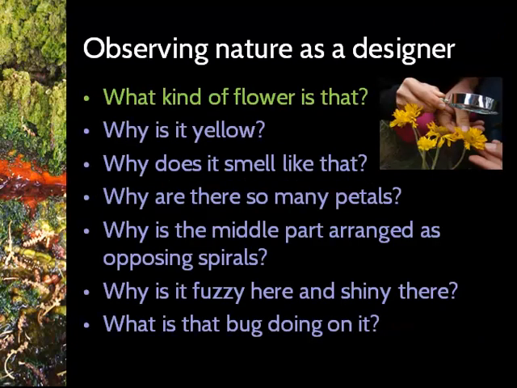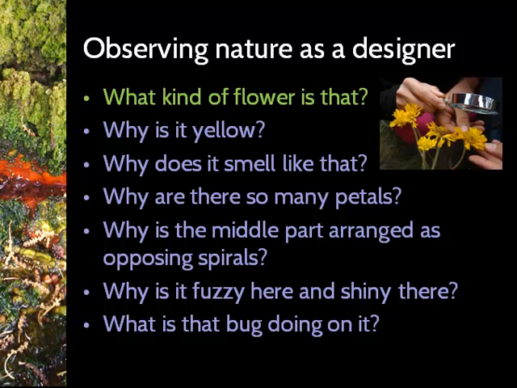So in lesson 2.1, you were learning to observe nature as a designer. I hope part of your experience was, in addition to seeing something, for example a flower, and asking what kind of flower is that, which is what we typically do, you also dug a little deeper. You started noticing things differently.